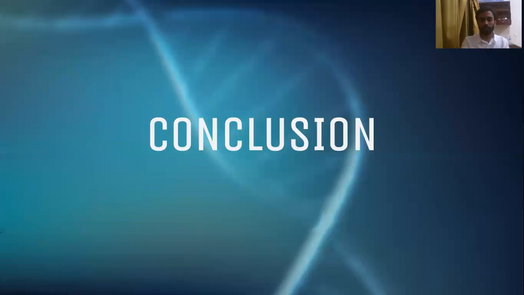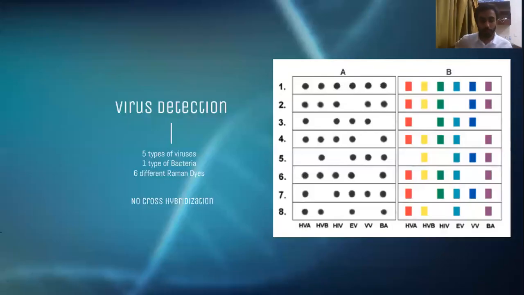So moving on, I need to highlight one more point, that RNA can be detected in a similar manner. And this paper also shows a detection of 2 different types of RNA using different experiments.